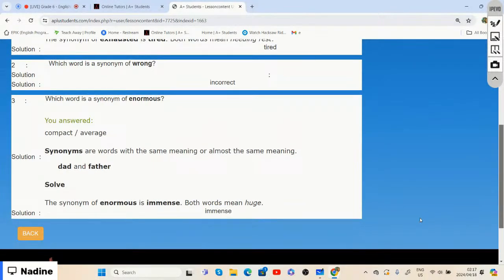All right, now if you look at the word enormous, is it the same as saying it is immense, or is it the same as saying it is average? Is it average or is it immense?